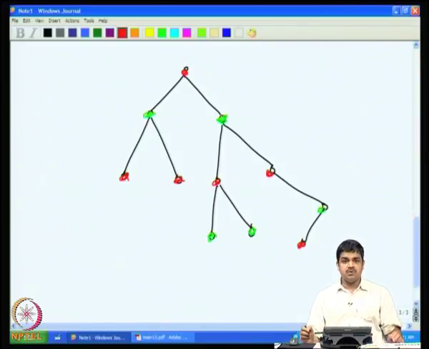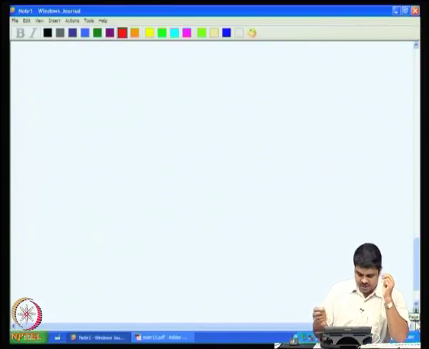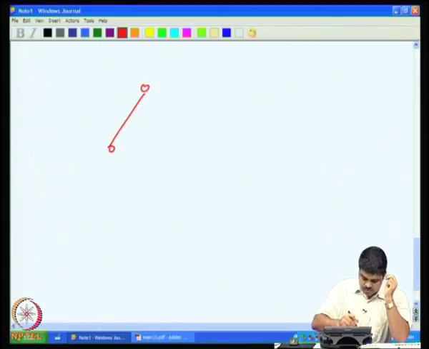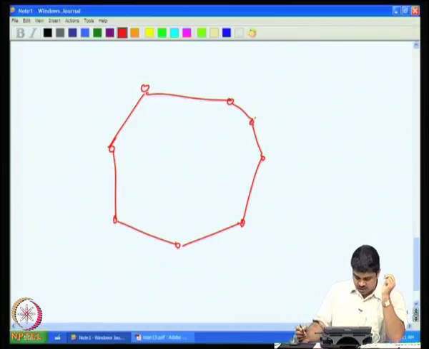And what about a cycle? So this is a cycle. Whenever you say cycle, even and odd cycles matter. This is an even cycle. How many colors are required?